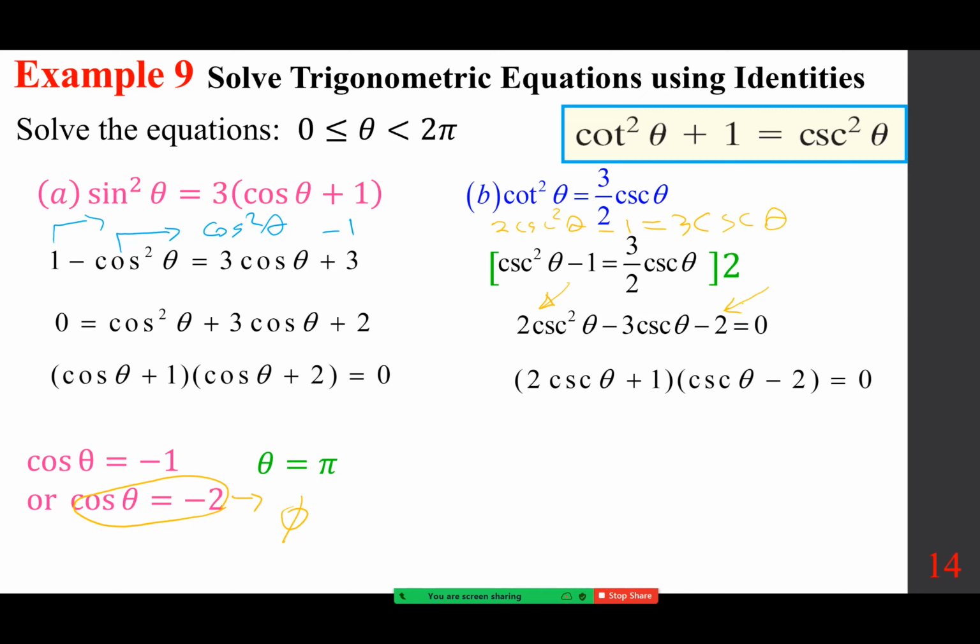So 2 cosecant theta plus 1 times cosecant theta minus 2. All right, this means cosecant theta equals negative 1/2. This means cosecant theta is positive 2.